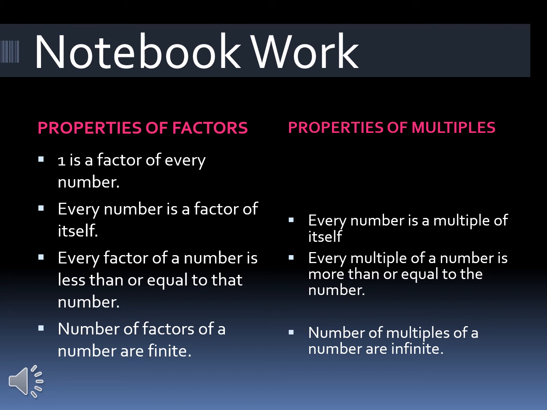Properties of multiples. Every number is a multiple of itself. Every multiple of a number is more than or equal to the number. And number of multiples of a number are infinite. So these are the differences in the properties of factors and multiples, and you can observe these properties in every example that you will do.